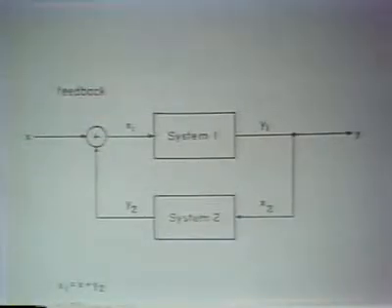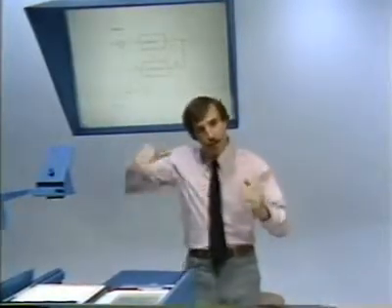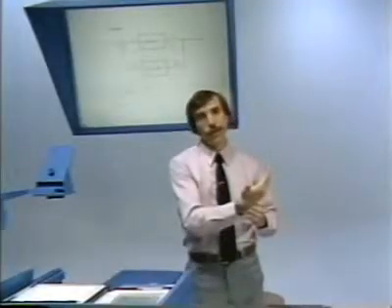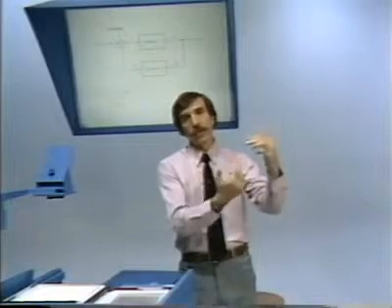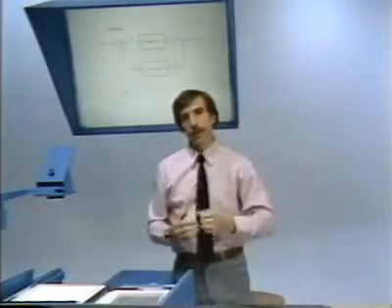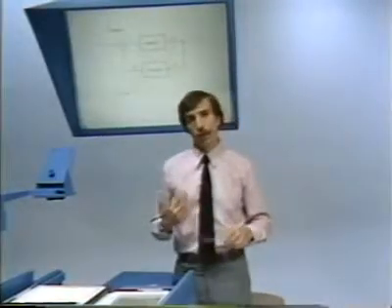So in essence, the output of that system is fed back through system 2, added to the overall input, and then that sum is what forms the input to system 1.